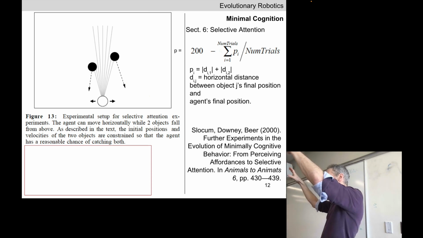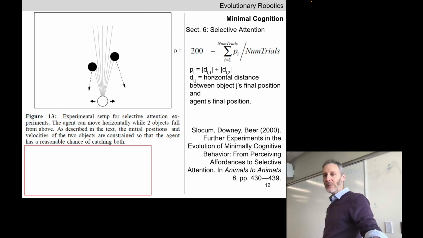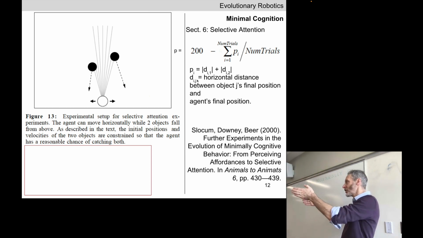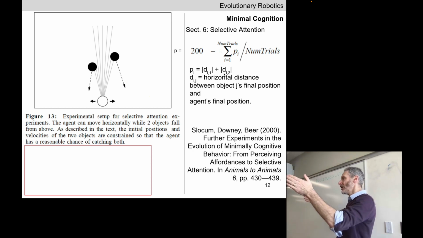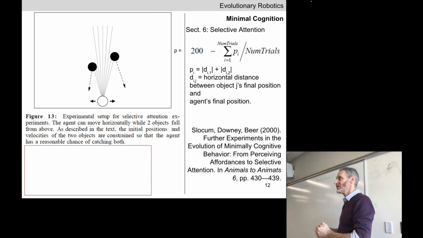For the ith pair drop, the performance is going to be D sub i1 plus D sub i2, where D sub i1 is the horizontal distance between the robot and the first object that hits the ground, and D sub i2 is the horizontal distance between the robot and the second object when it hits the ground. What's the best thing that the robot can do here?